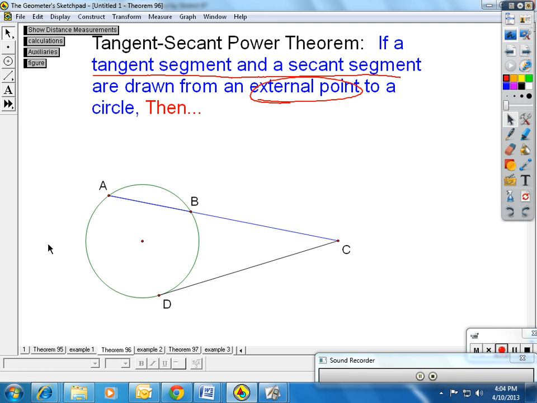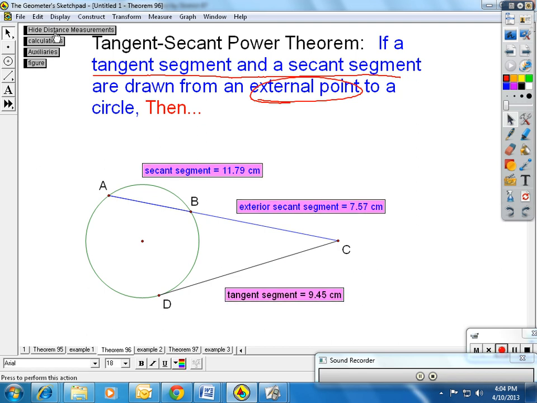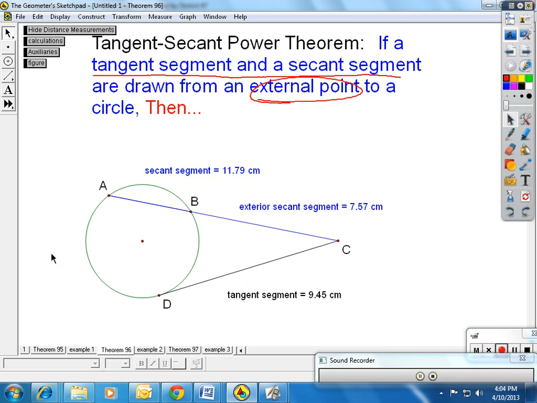Now, what do we have here? Let's take a look at our distances. A couple of distances that I want to draw your attention to. The first one is the secant segment. That is the entire distance here. The secant segment is this right here, what I've highlighted. The entire distance. That is set apart and different from this distance here, which is the exterior secant segment.